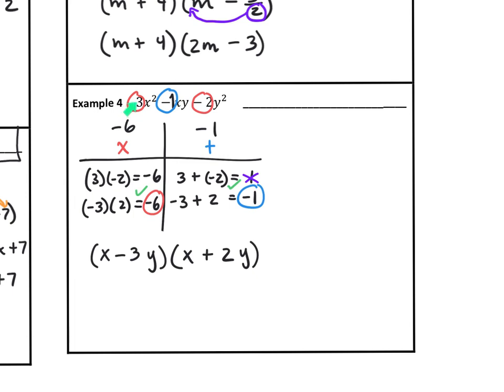So we need to remember to take this number and divide it. So we're going to divide both of these by 3. And 3 divided by 3 is 1. So we get x minus 1y. And can I divide 2 by 3?